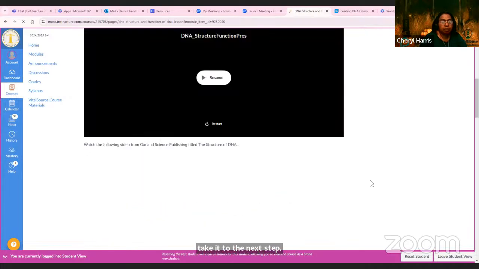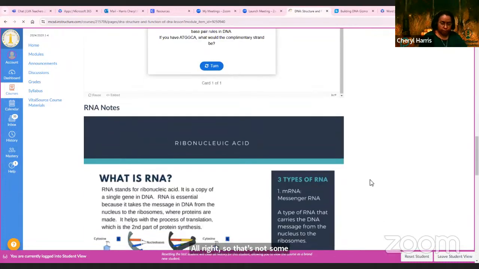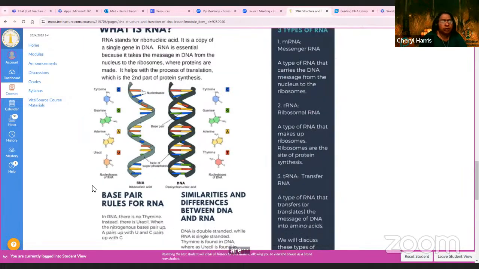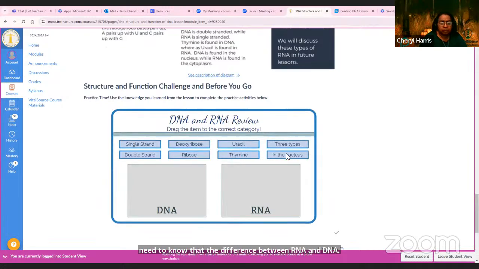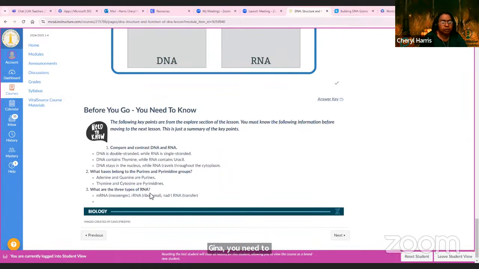You need to know who Watson and Crick are. You need to know the difference between RNA and DNA. And you need to know that there are 3 types of RNA. You need to go through this little activity here. So study that because this will be on there. Do the review.